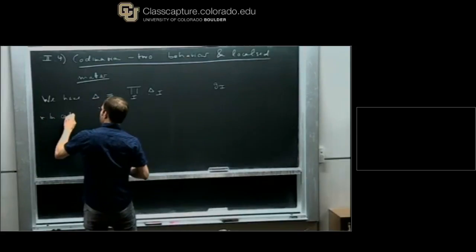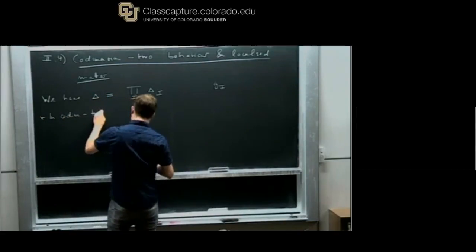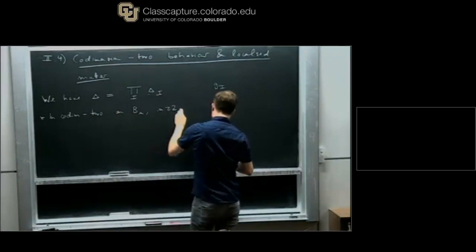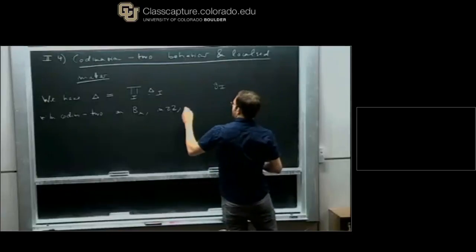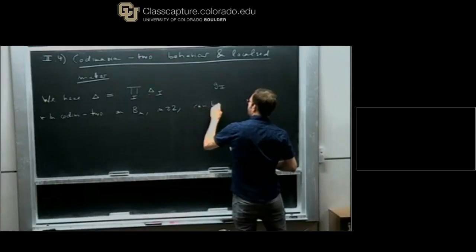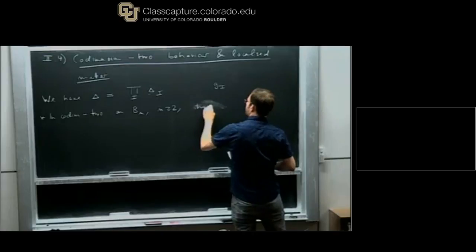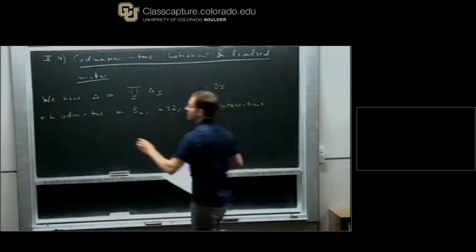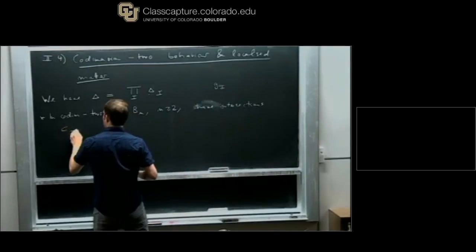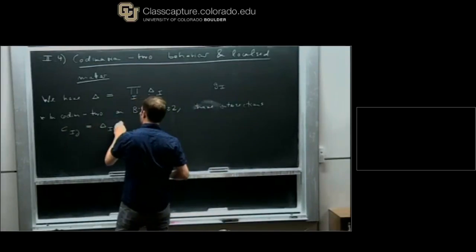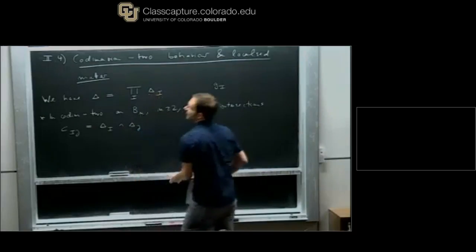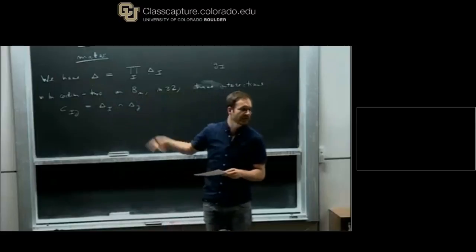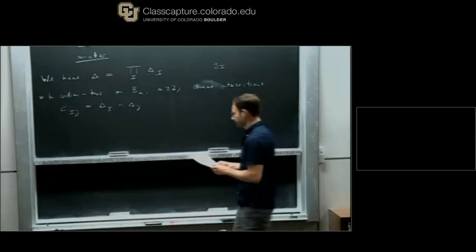So in codimension 2, on B_n, n bigger equal 2, we have intersections C_ij equals delta_i cap delta_j. This includes the case i equal j, in which case we would have a self-intersection. That would also be possible.